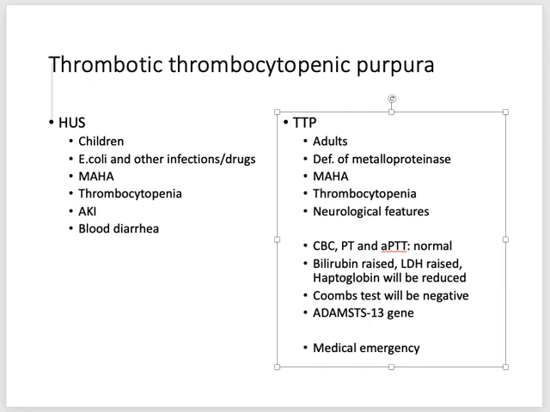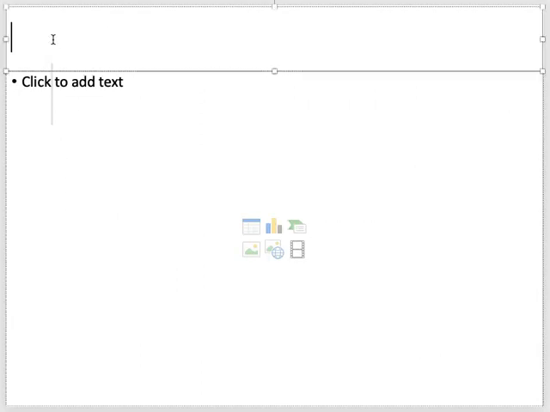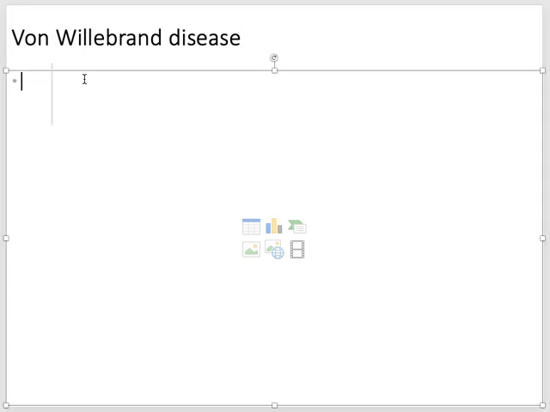I already talked about von Willebrand disease. What is that, by the way? It's an inherited bleeding disorder. It's not so common, but it's inherited in an autosomal dominant way.